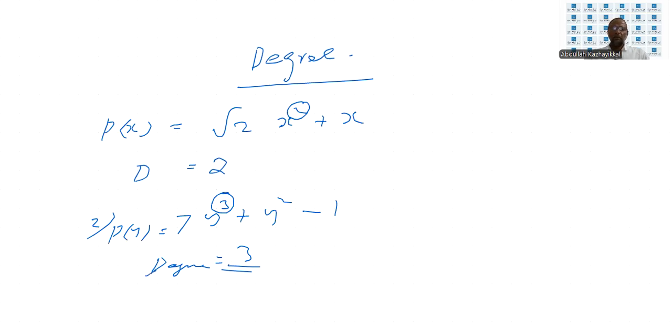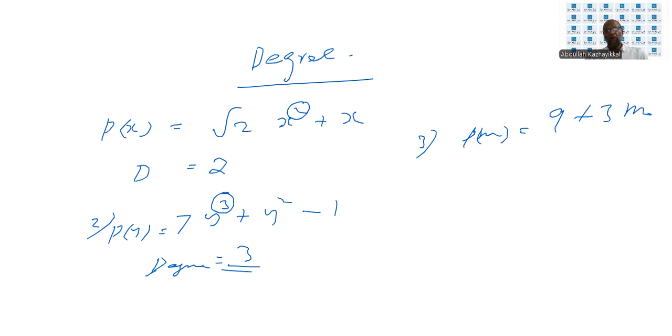Now tell me, suppose a third example here. P(m) is equal to 9 plus 3m. What is the degree of this polynomial? You have to put it in bracket. P(x), polynomial on x. P(y), polynomial on y.